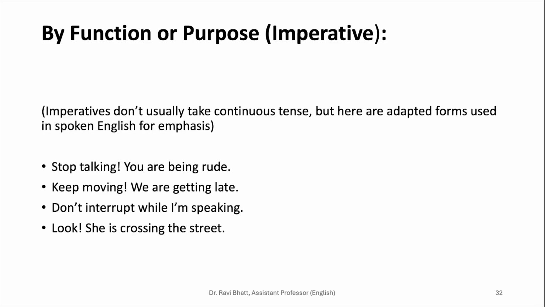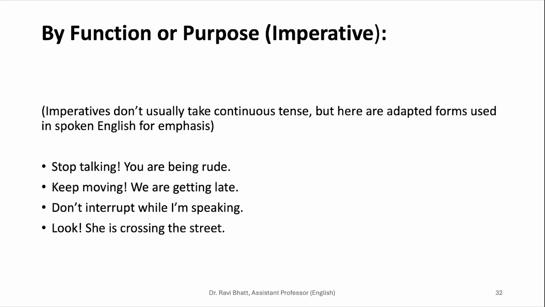Generally, imperative sentences don't really take continuous tenses, because in imperative, we are either giving a command or making a request. However, there are some adopted forms in spoken English, basically for emphasis. But in general, imperative sentences are not there in continuous tense. So: stop talking, you are being rude.